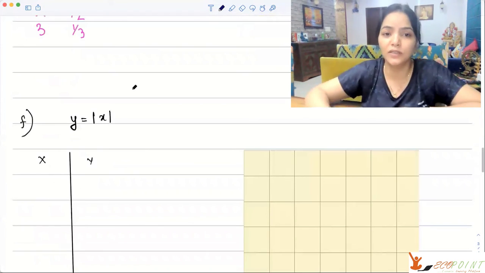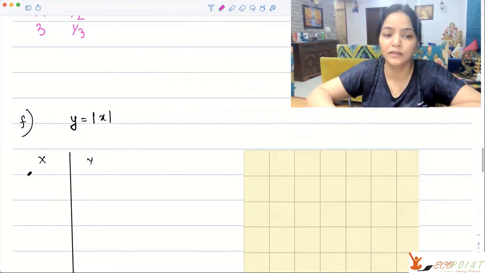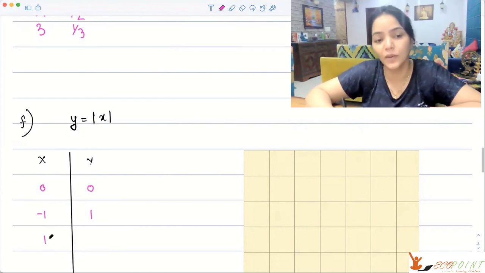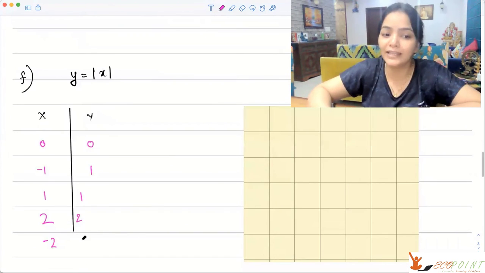Similarly, an interesting graph, modulus of x. Mod x essentially will be, when x is 0, you get 0. When x is minus 1, you get 1. When x is 1, you get 1. When x is 2, you get 2. When x is minus 2, you again get 2.